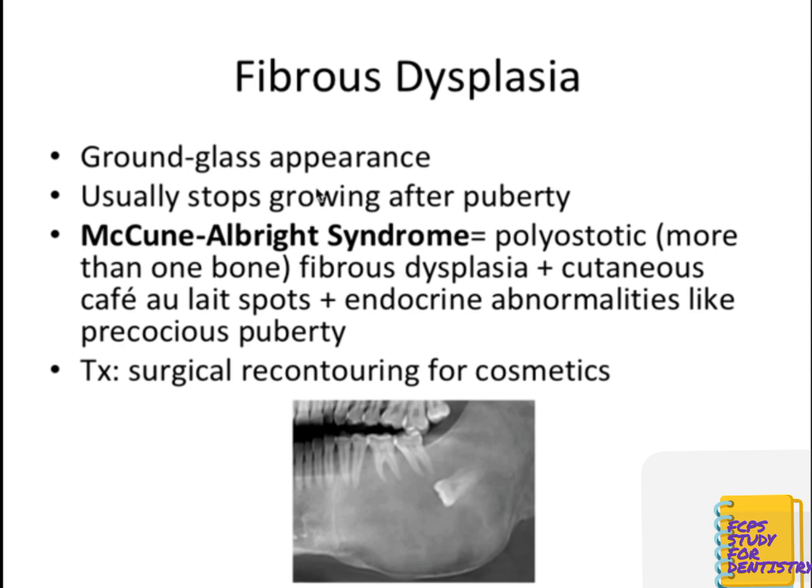So that's a syndrome that I would know for the exam, and treatment for fibrous dysplasia would be surgical recontouring for cosmetics. And you practically want to wait until after puberty when this lesion stops growing, so you won't get a significant amount of recurrence undoing your surgical work.